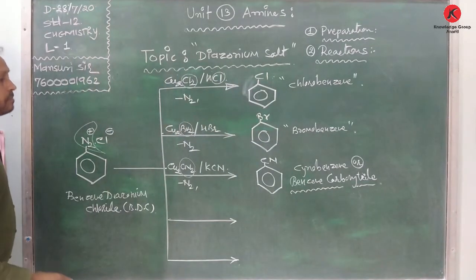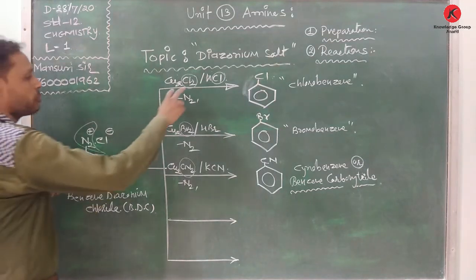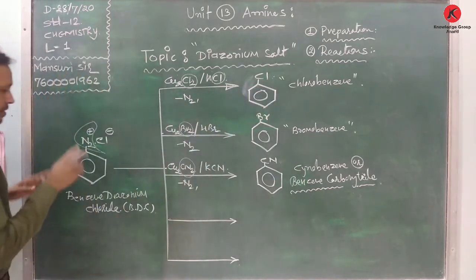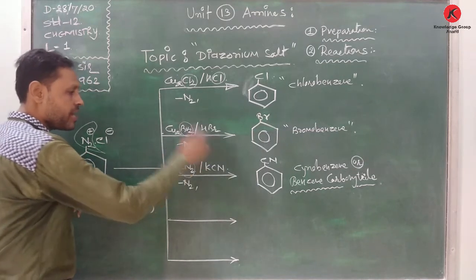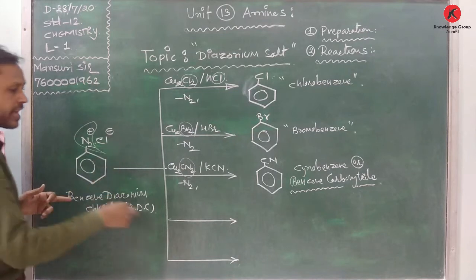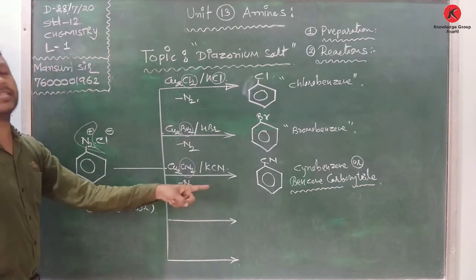In this reaction, when benzene diazonium chloride reacts with cuprous chloride and HCl, then chlorobenzene is formed. With the mixture of cuprous bromide and HBr, bromobenzene is formed. And with the mixture of cuprous cyanide and KCN, cyanobenzene is formed.